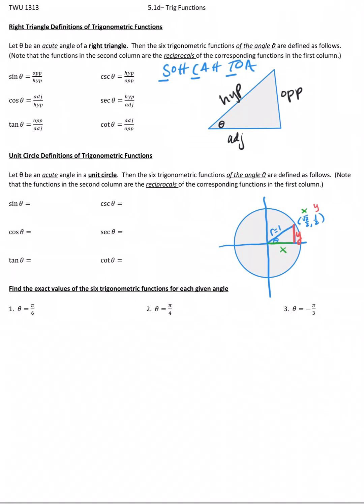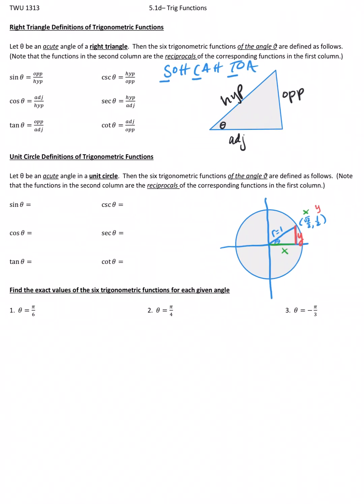All right? So let's apply this. So sine is opposite over hypotenuse, so y over 1, y over r, which just turns out to be y, right? Cosine is the adjacent over the hypotenuse, which is a 1, so it turns out just to be x. The tangent is y over x.